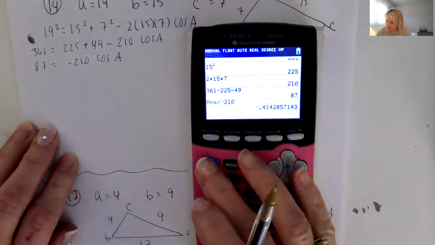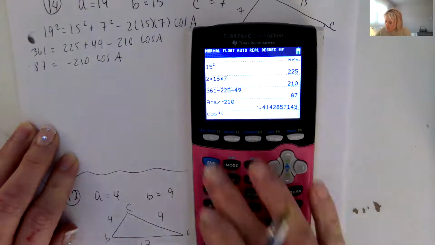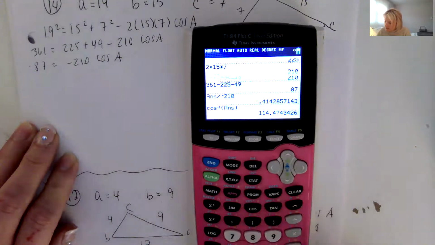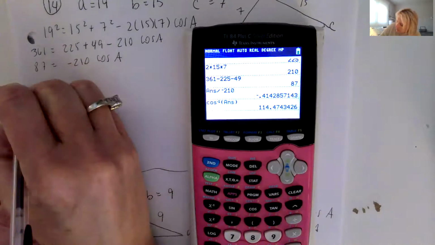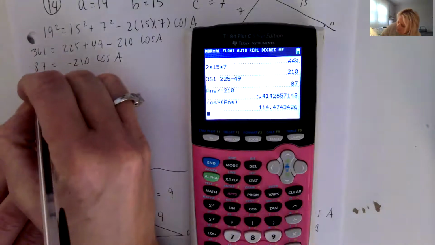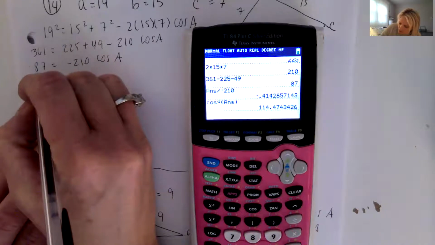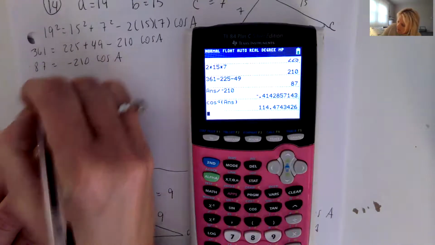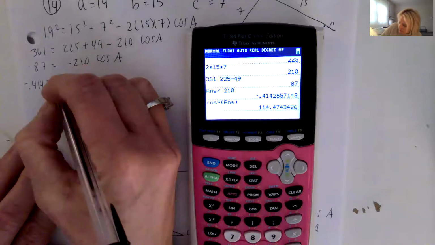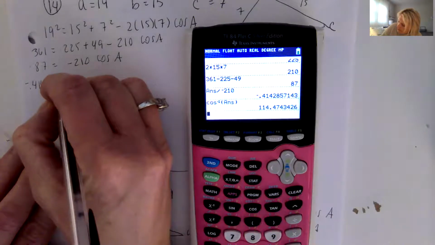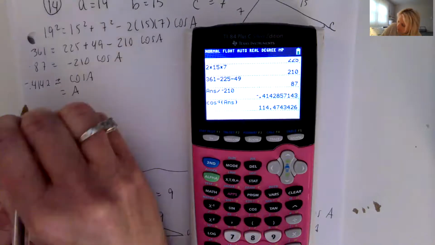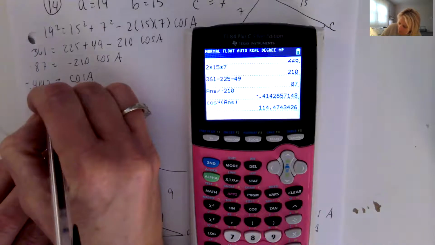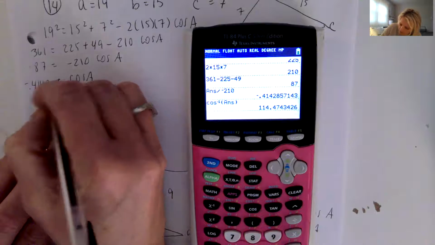Then I'm going to take the inverse cosine of that. Well, sure enough, it came out right. So negative 0.442 equals cosine of A, because 114 is in the second quadrant, so that's why it's negative. We did the inverse cosine, and A equals 114.47 degrees.